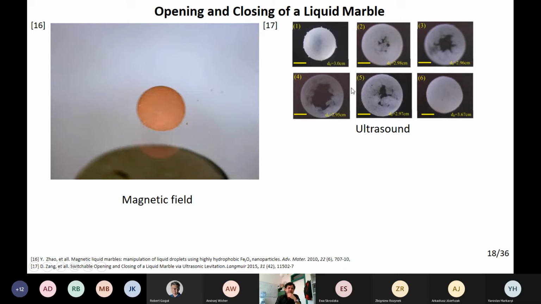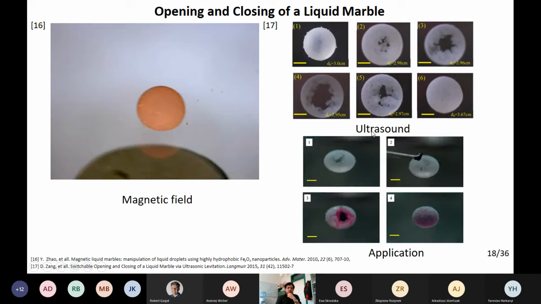It means that such a system is completely reversible. They also proposed an application, which is a microreactor. They create a cavity using the ultrasound, and after the creation of the cavity, they put KMnO4 inside the droplet and just close it. So they can use it as a microreactor.